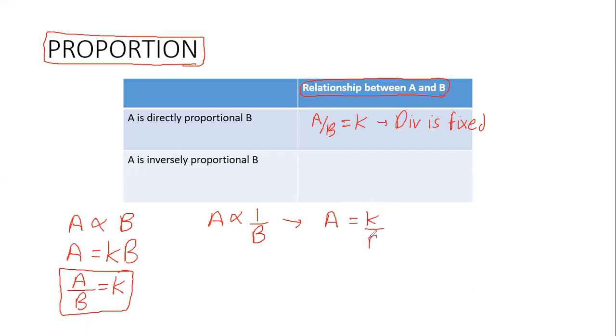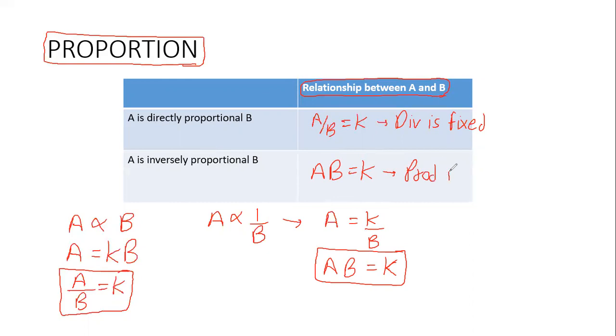So it actually becomes A is equal to K over B, and hence AB is equal to K. So if A is inversely proportional to B, I can clearly see their product is fixed. Their product will always be a constant.